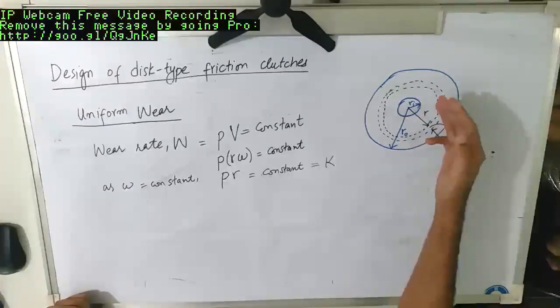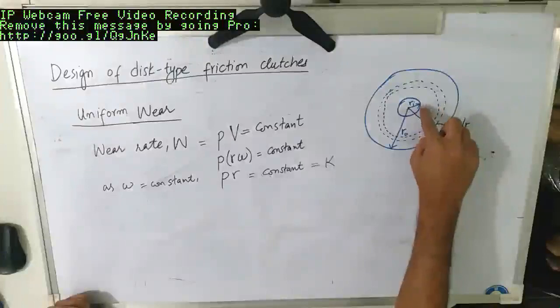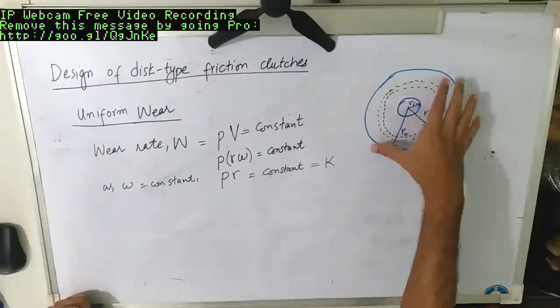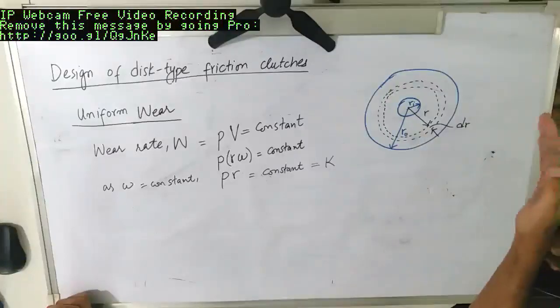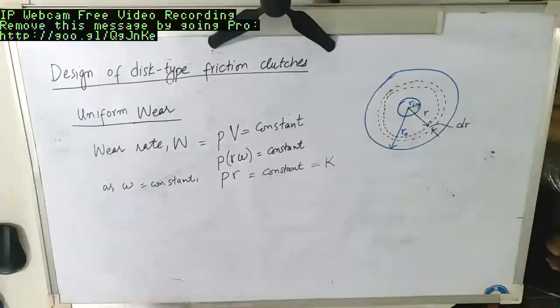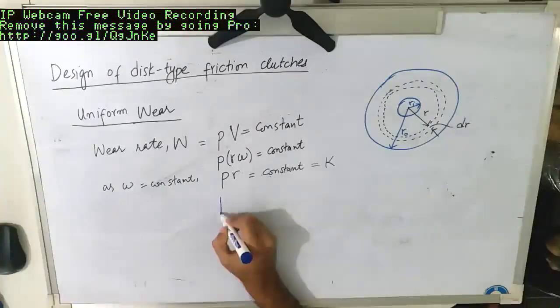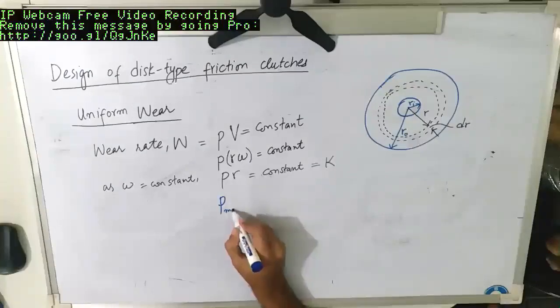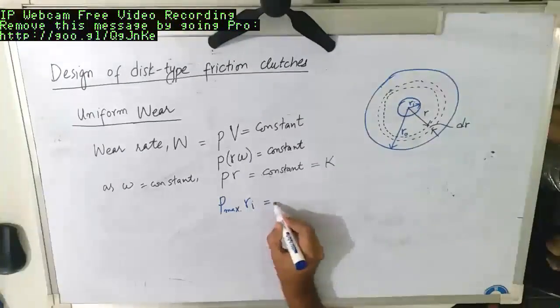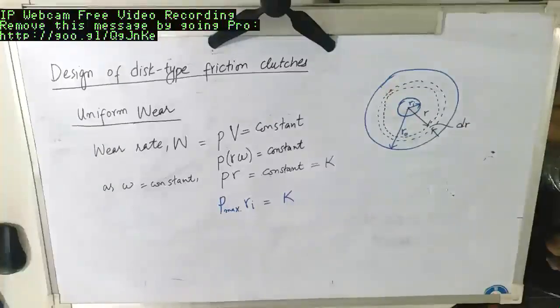In fact, the maximum pressure will occur at the innermost surface of the clutch, while as we move away from the inner surface, the pressure will decrease. So the same expression we can write as P maximum, which will occur at the inner surface, and it can be equated to K.